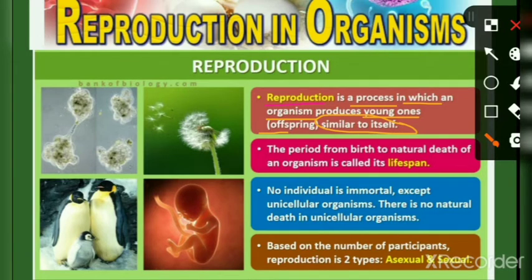It means that if a cat reproduces, then the child of a cat is a kitten, not a puppy. If a horse reproduces, then the newborn offspring of a horse is a horse, not an elephant. So reproduction is a process in which organisms give new organisms of their own kind, not different kinds.